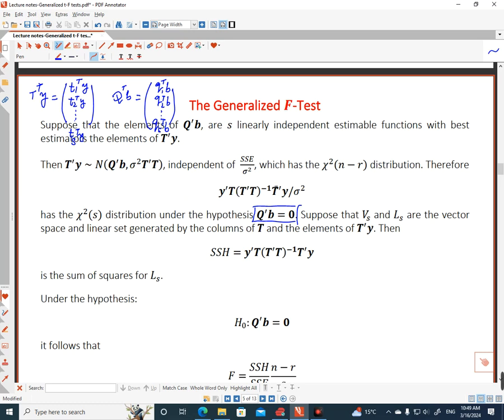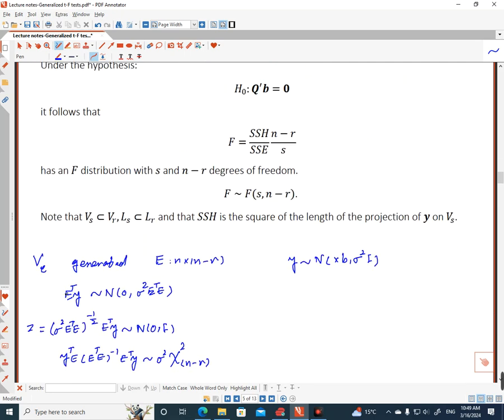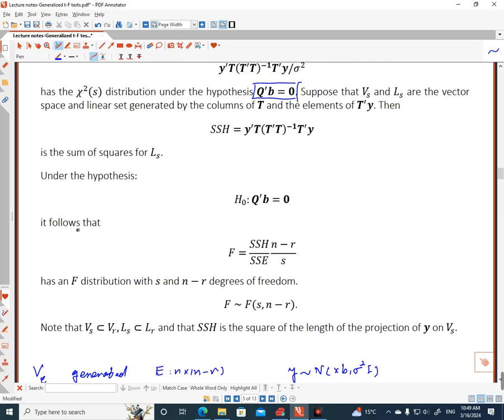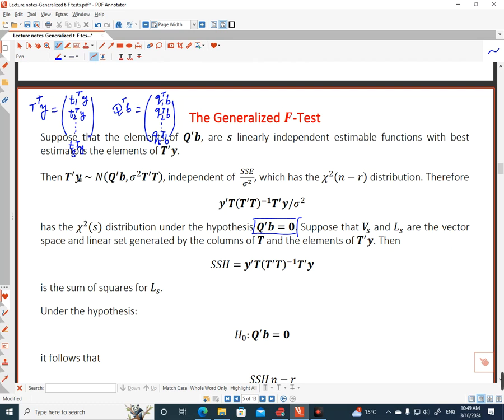Then once again I can standardize it exactly this way. What I did for E prime y, I can do exactly for T prime y, and I can then standardize it. I can take this part out under the null hypothesis. Remember, it's equal to 0.